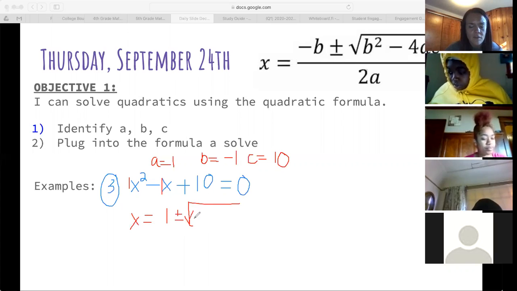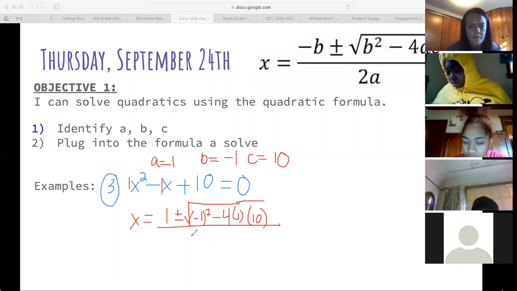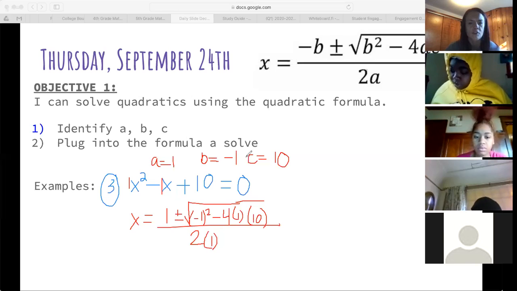So I'll do -1 squared minus 4 times A, which is 1, and times C, which is 10. Okay, all over 2 times A, which is 1.